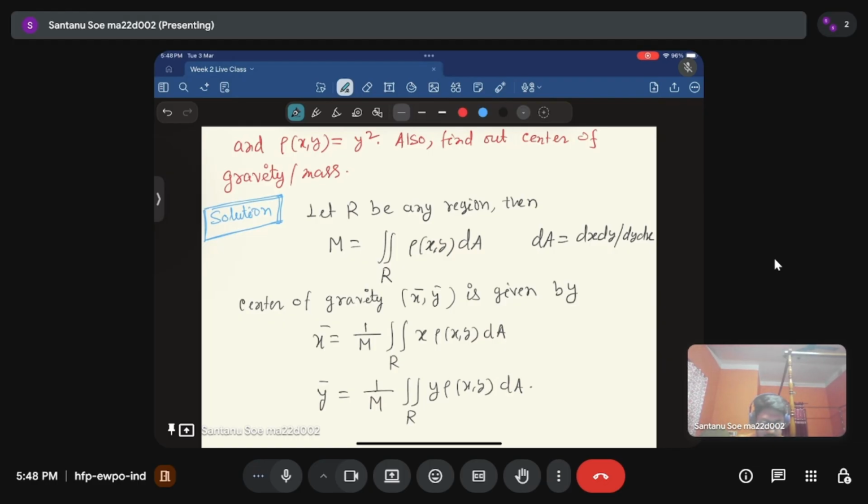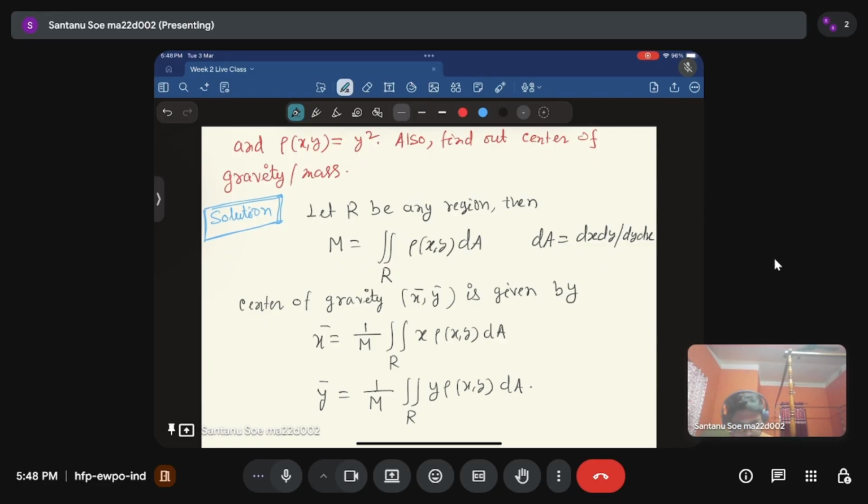Okay, so this is the formula for finding the center of gravity. But before that, we have to find out the mass of the region R.